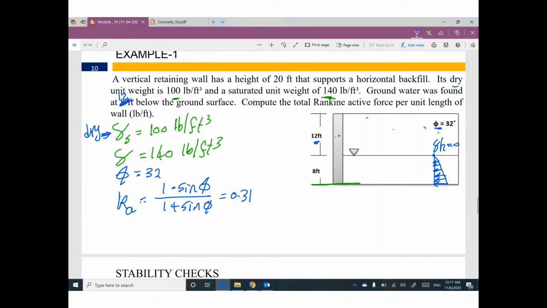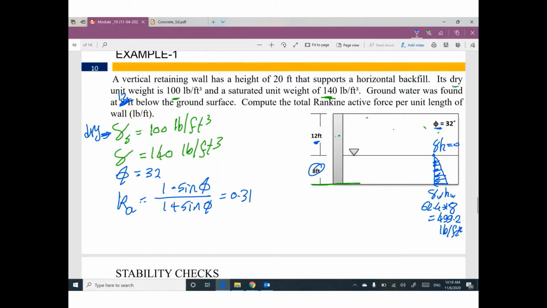At this location, we have gamma water H water. Gamma water is 62.4. H water is 8. So this pressure will be 499.2 pounds per square feet. This triangle is only due to the effect of water.